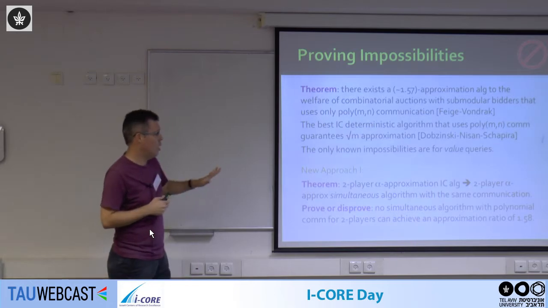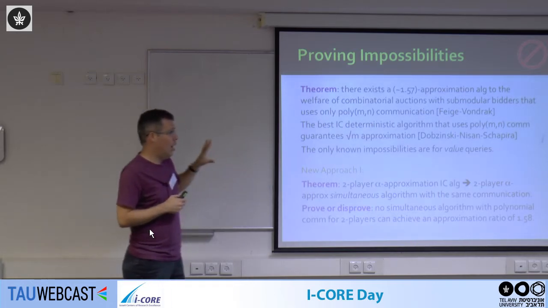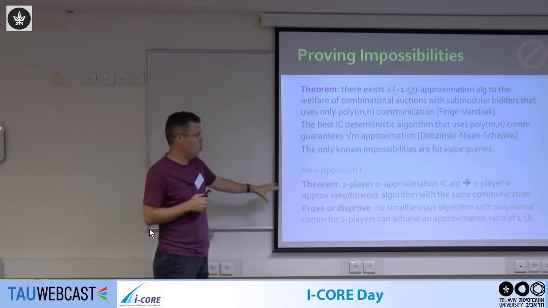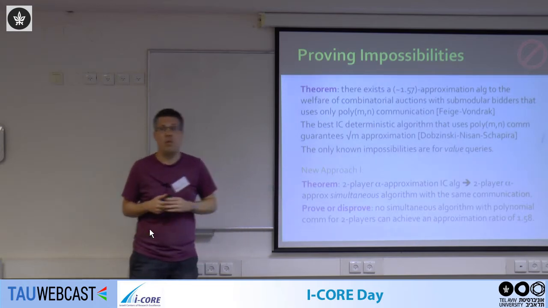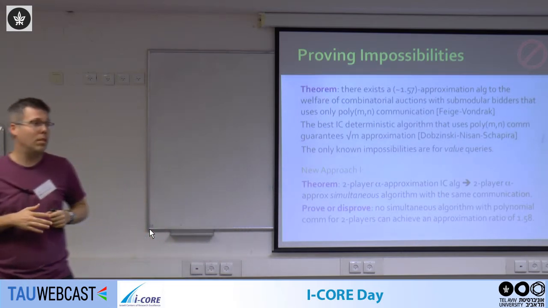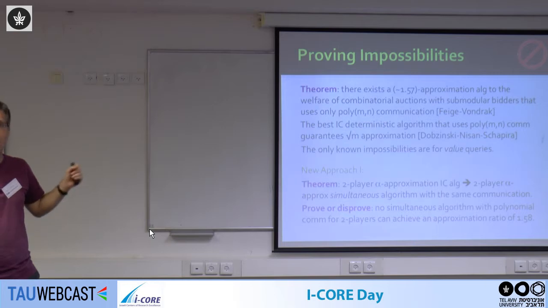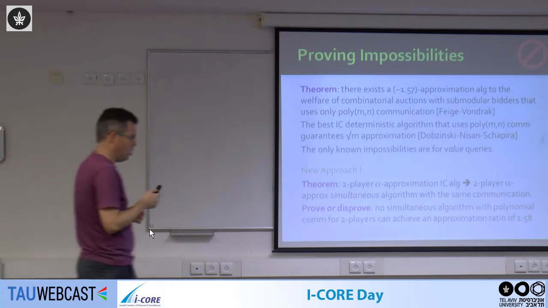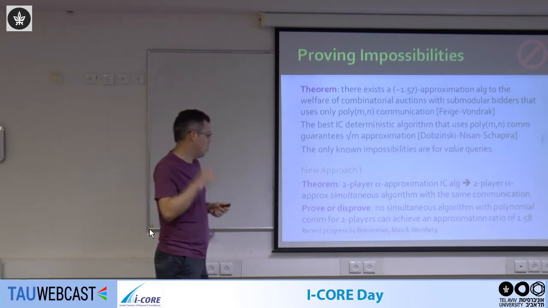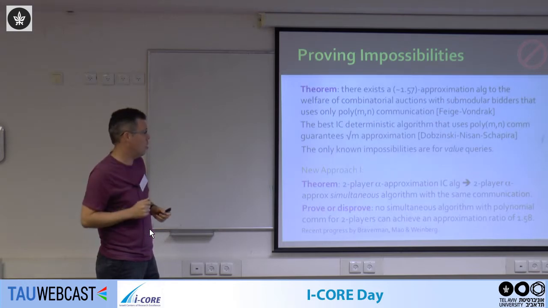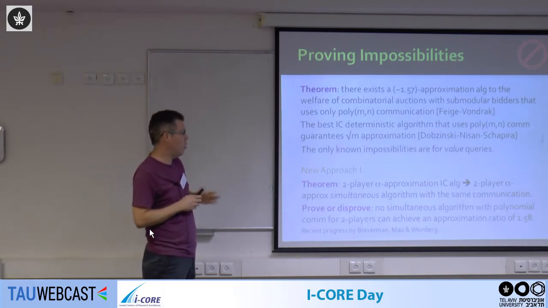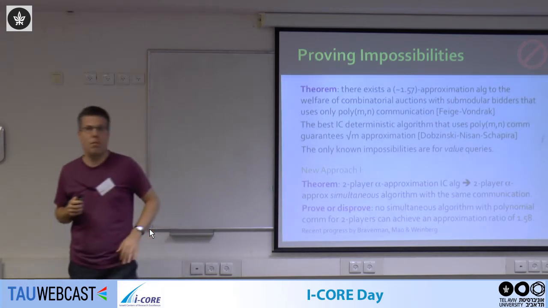So this is all you have to show. We have many strong bounds on the power of simultaneous algorithms, but unfortunately they hold for many players. For two players, we really don't know much, and there is recent progress on this question by Braverman et al., but we still don't know the answer.